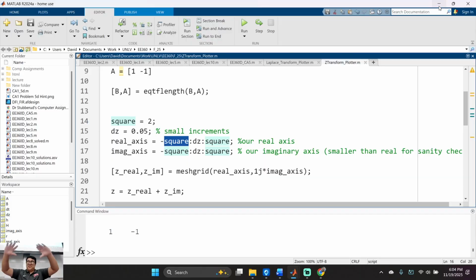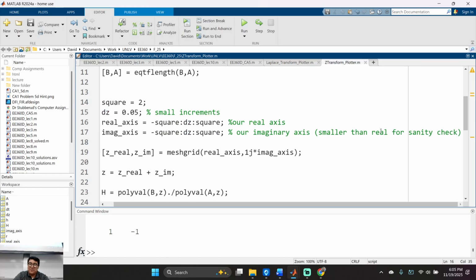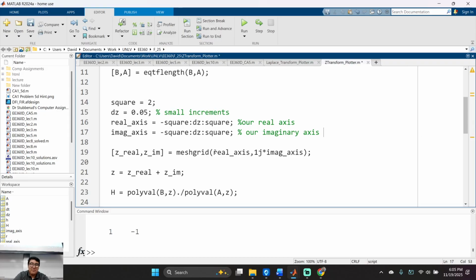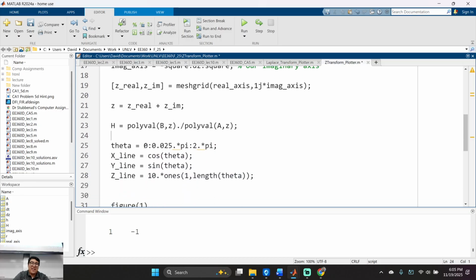So just a big circle, so be lazy like me. Or don't, do more work. dz is the little increments, I'm just doing these little precisions for our real axis. There you go. Meshgrid, Z, polyval.